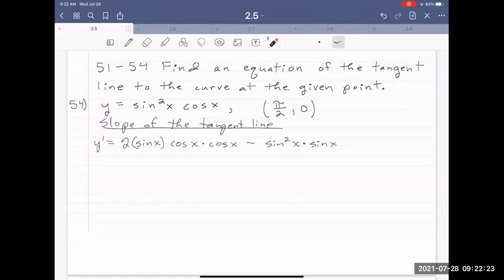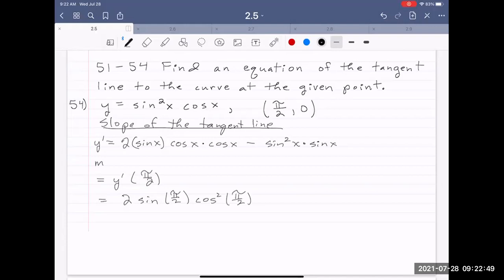So now let's evaluate when x is pi over 2. So the slope is equal to y prime at pi over 2, which is 2 sine of pi over 2. Cosine times cosine is cosine squared at pi over 2 minus sine squared at pi over 2.